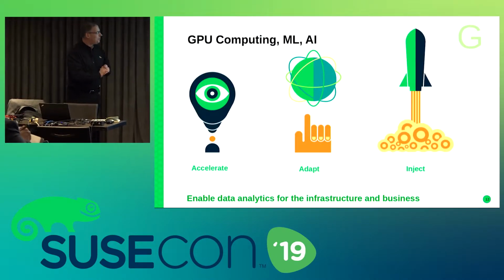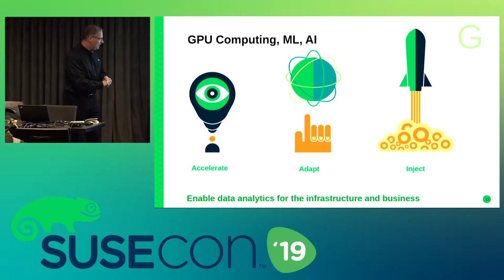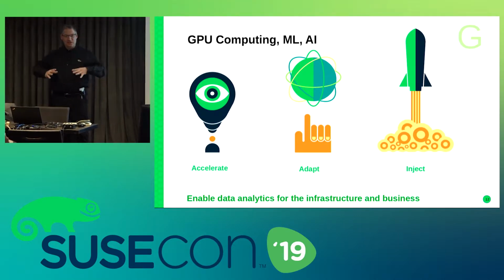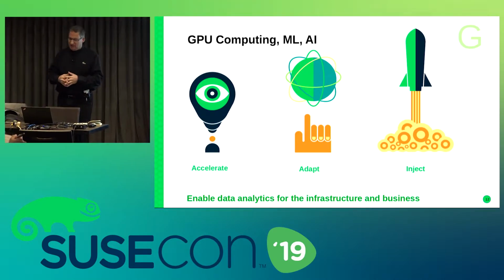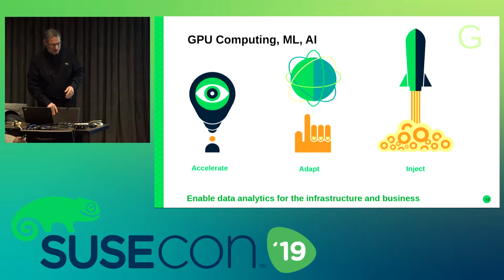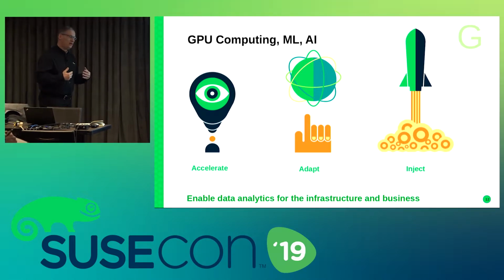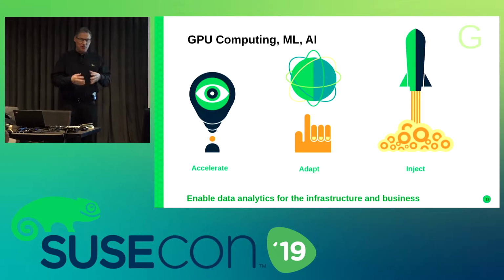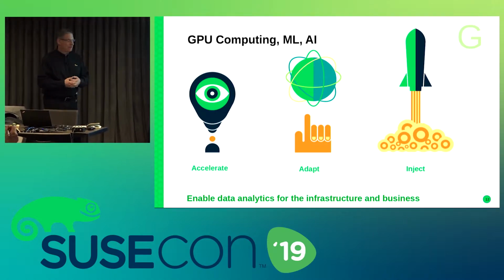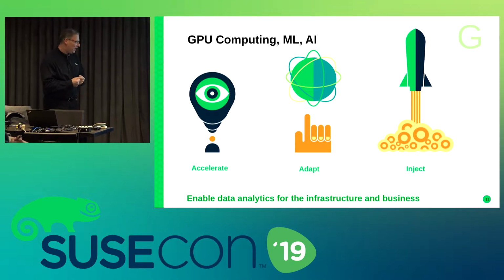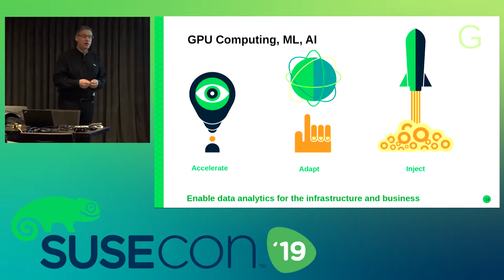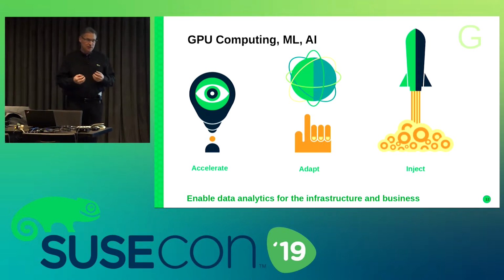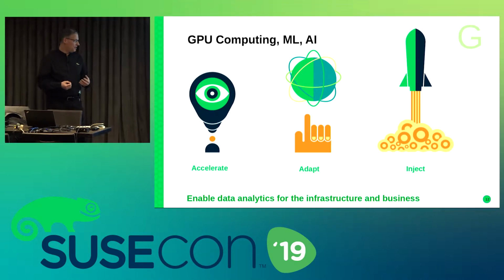G is about GPU computing, machine learning, and AI. We just have started our approach into that, not saying that we do not support GPUs already, but we have started our approach here with more people in this. So we have enhanced our capabilities in product management and also in alliances, because we really want to help customers and partners to accelerate the innovation path.